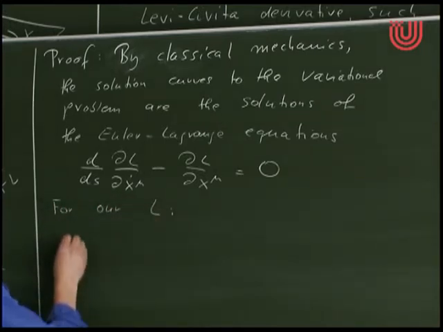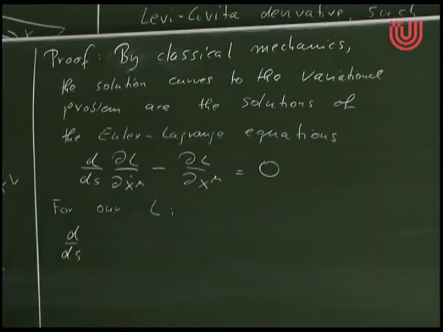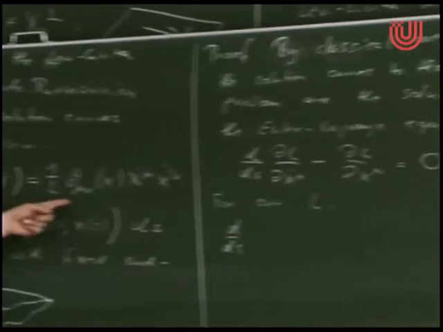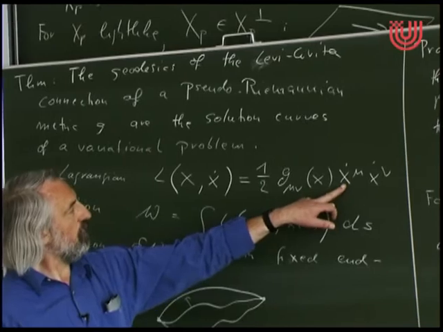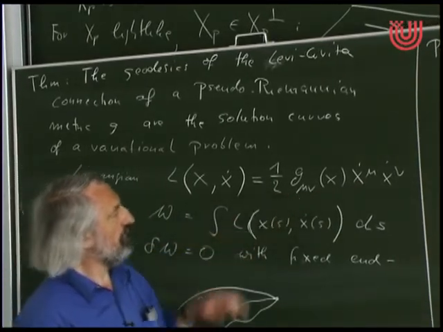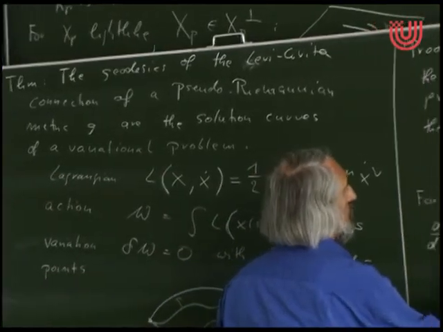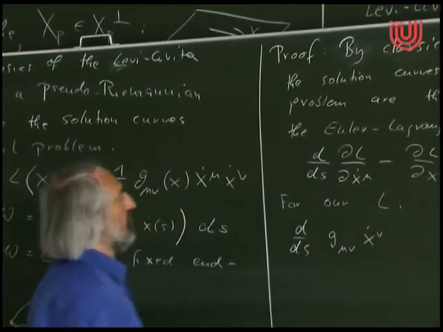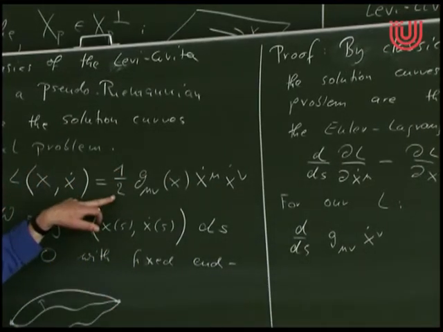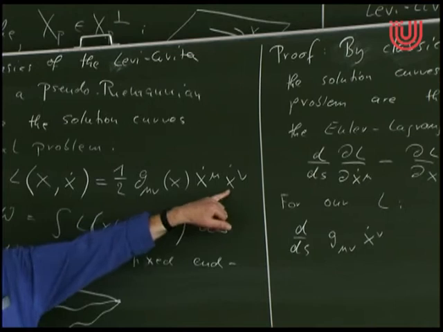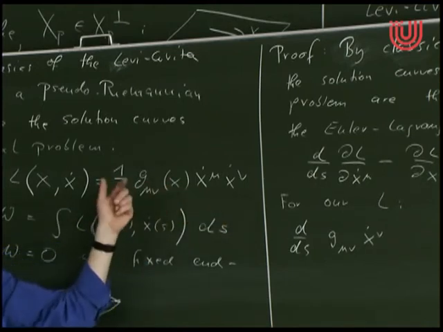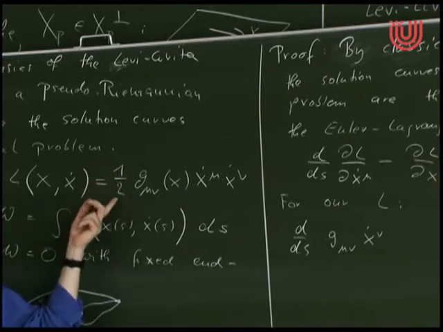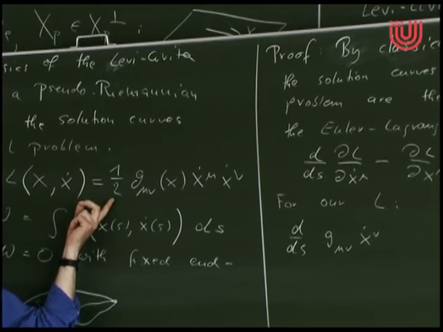What do I get? I get d/ds, and now I have to take the derivative of this with respect to x^μ dot. Then I get g_μν x^ν dot with a factor 1/2. And if I differentiate with respect to this other term, I get the same thing because g_μν is symmetric. So this 1/2 is killed by the fact that I get the factor twice. That's the first term.